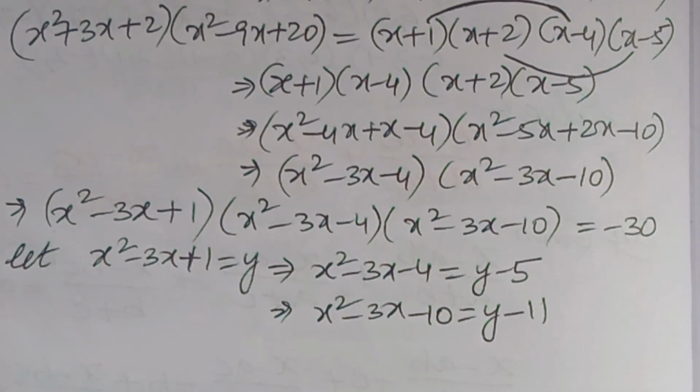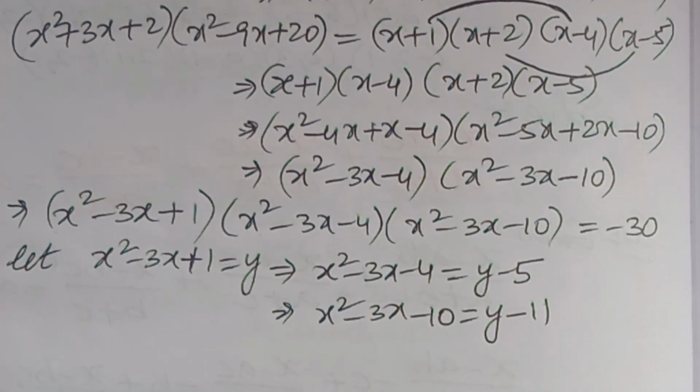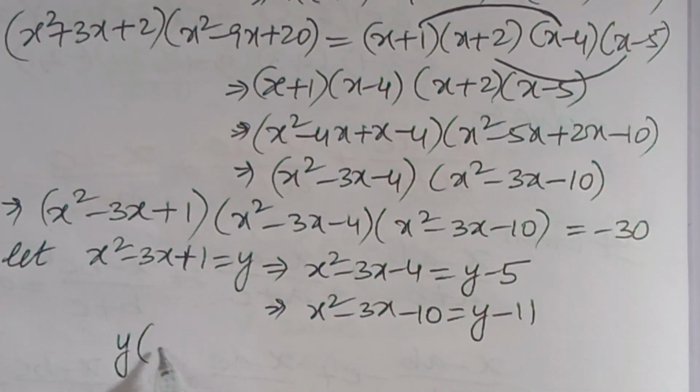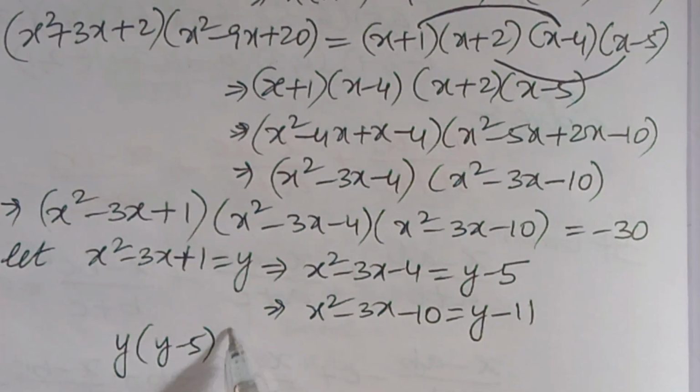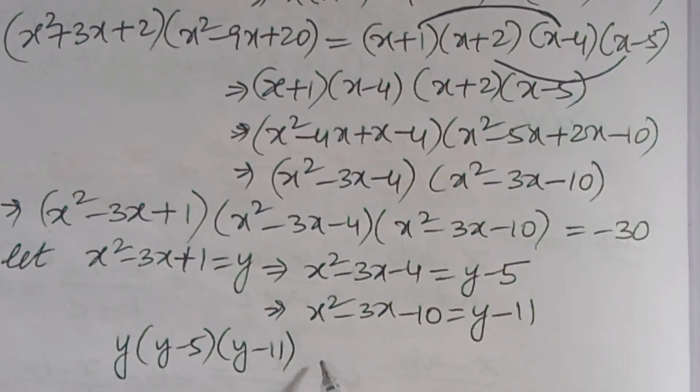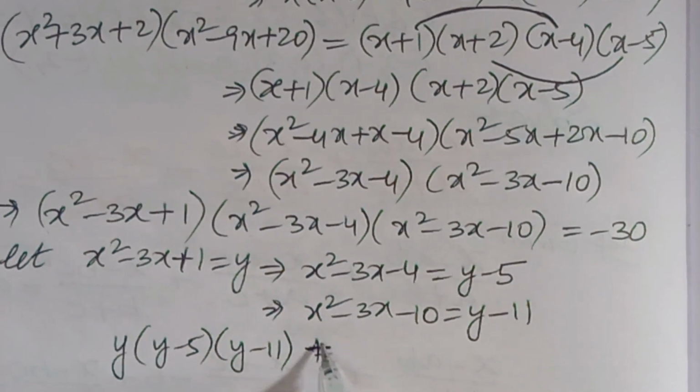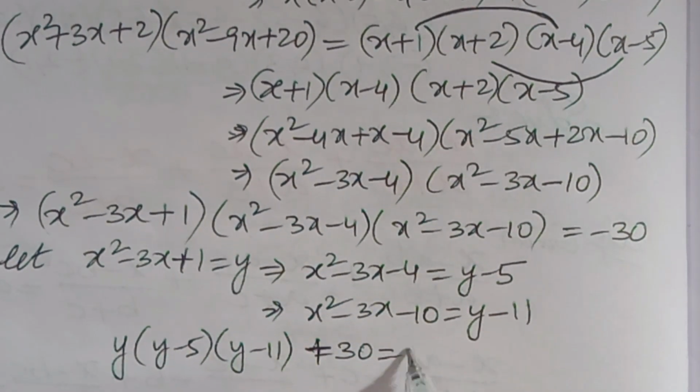So when you multiply this, here y(y − 5)(y − 11) + 30 = 0.